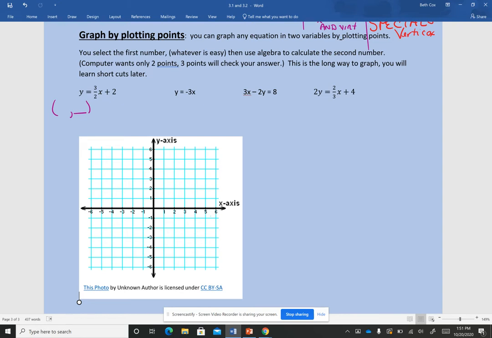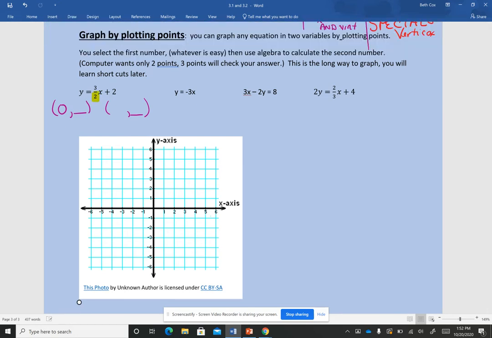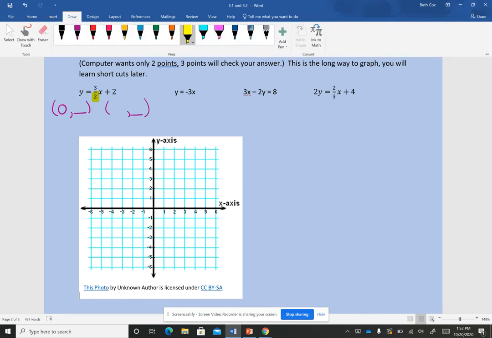It doesn't have to be that way, but it is. So we could plug in a 0 for x, and that would be really easy for a fraction. Okay, and we also could plug in a number that we can work with. So since our denominator is 2, I can plug in a number that 2 goes into, because remember, fractions are division.